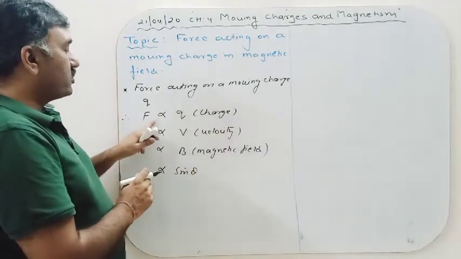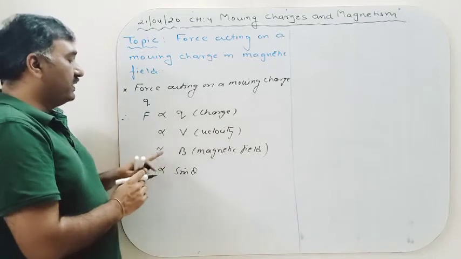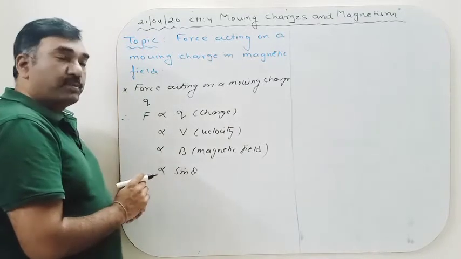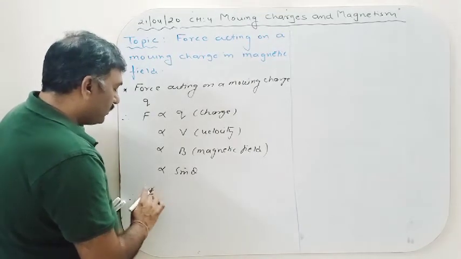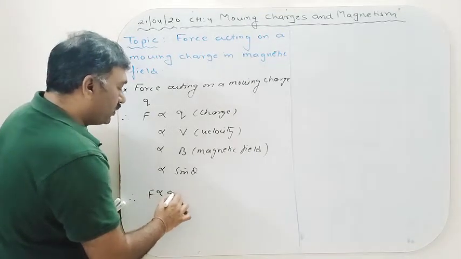So F is proportional to Q, F is proportional to V, F is proportional to B, and F is proportional to sin theta.